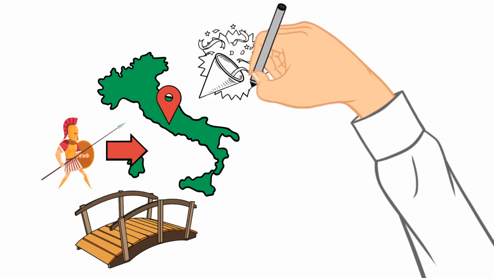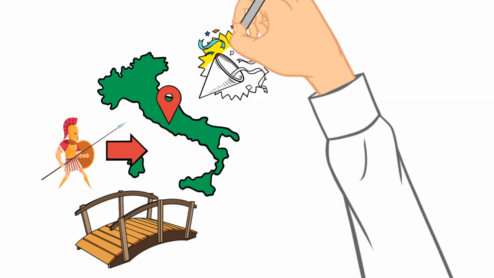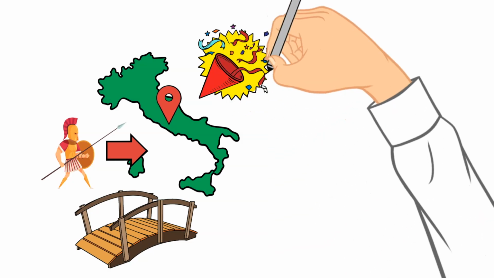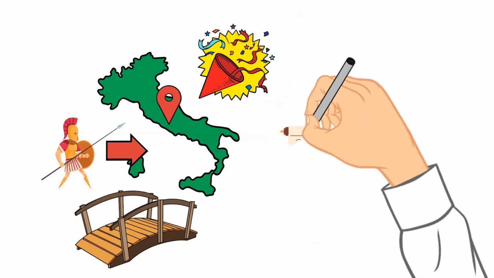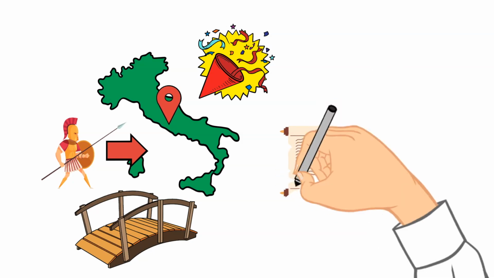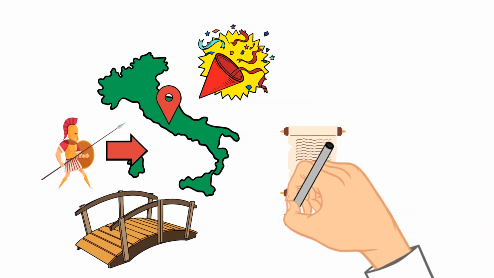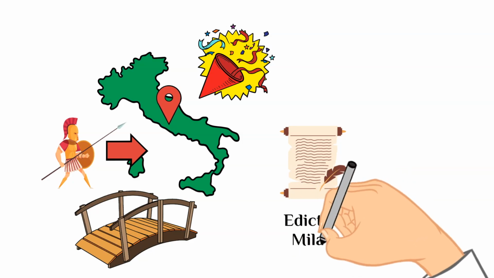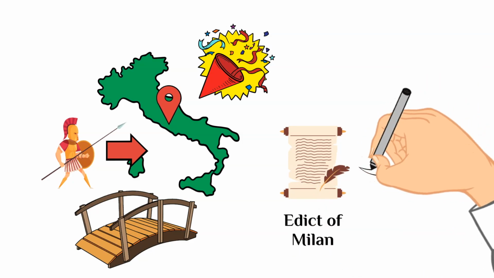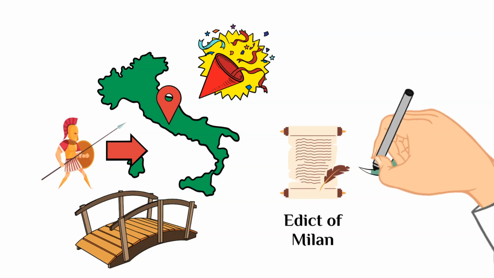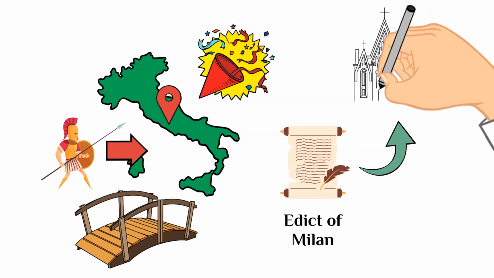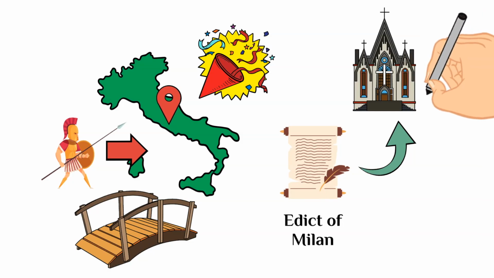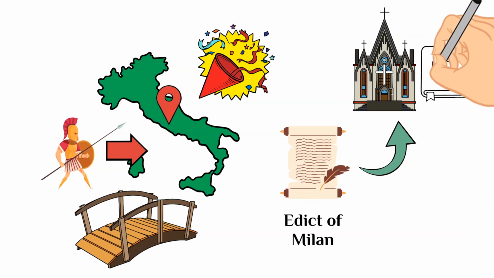And so now he had control over Western Rome and that Gaul region. Next up on his agenda in 313, he issued the Edict of Milan. And this is that edict that was so important to Christians during this time because it gave them the right to practice Christianity openly and without fear of any type of legal retribution.